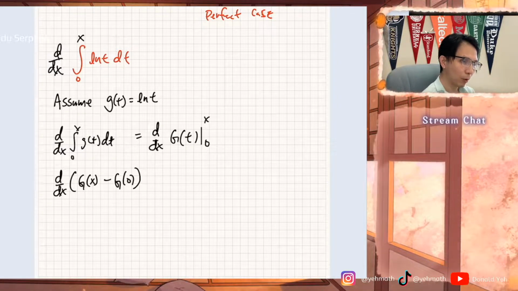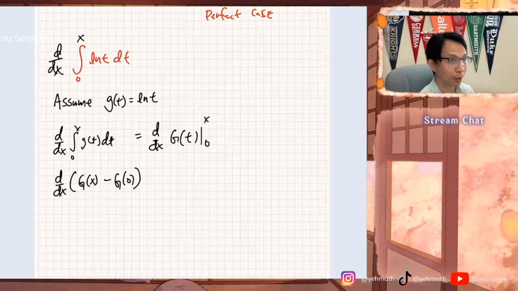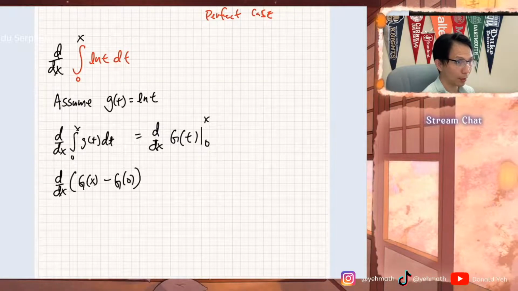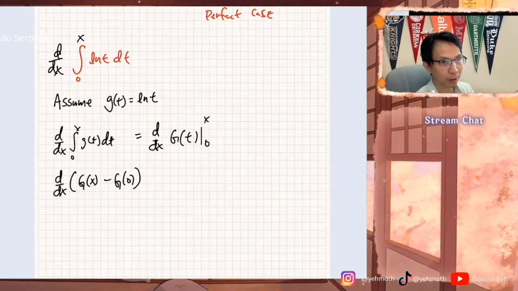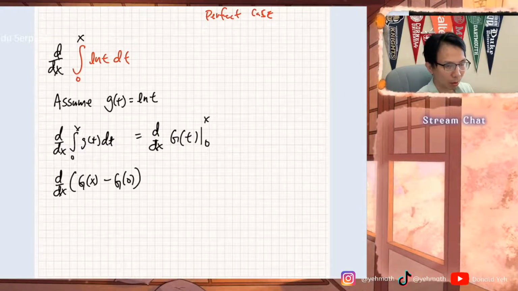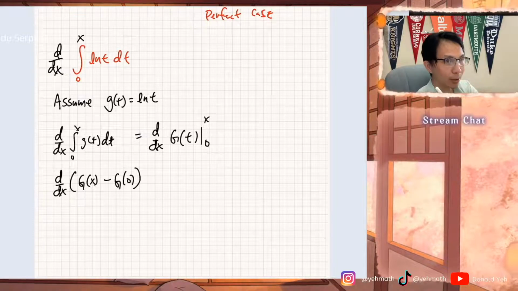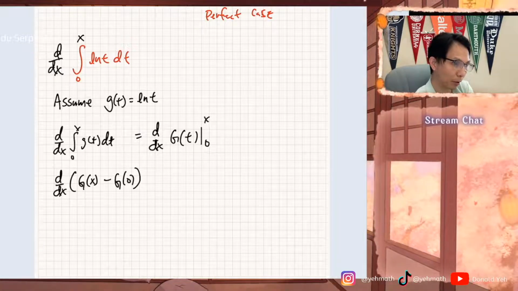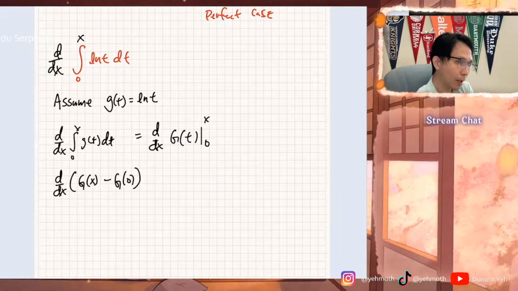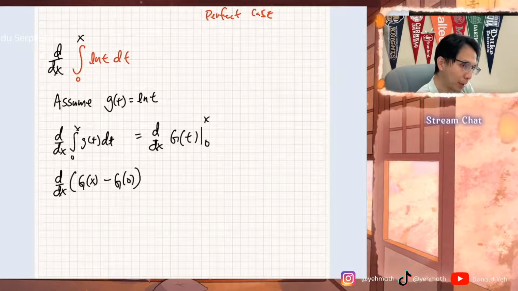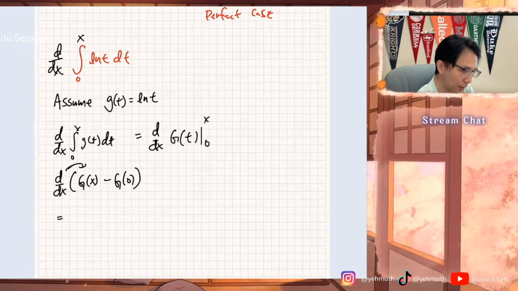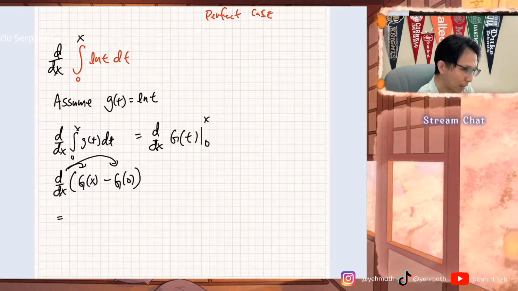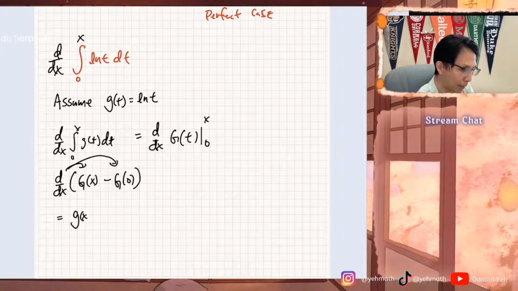So if you integrate a non-capital g, it becomes a capital G. Then I plug in the boundaries and subtract. That's the fundamental theorem of calculus part 1, so that will be G of x minus G of 0. Now afterward, I'm going to take a derivative of this. That's going to give you what? A non-capital g of x. Does that make sense?